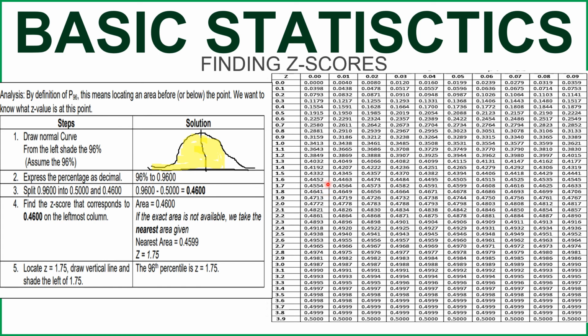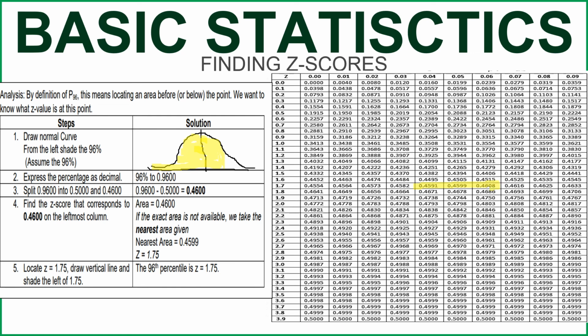So, technically, sa taas siya, 0.4554. Let's find 0.46. So, we have 0.4591. We have 0.4599. So, hindi pa siya 0.46, right? We have 0.4608.